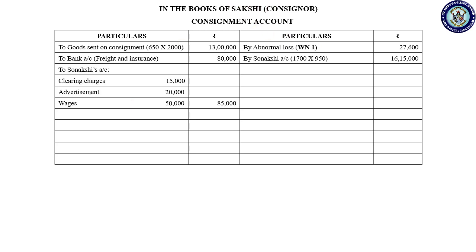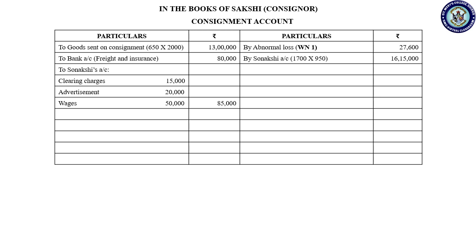So we write Sonakshi's name and all the expenses, recurring and non-recurring: clearing charges, advertisement and wages.